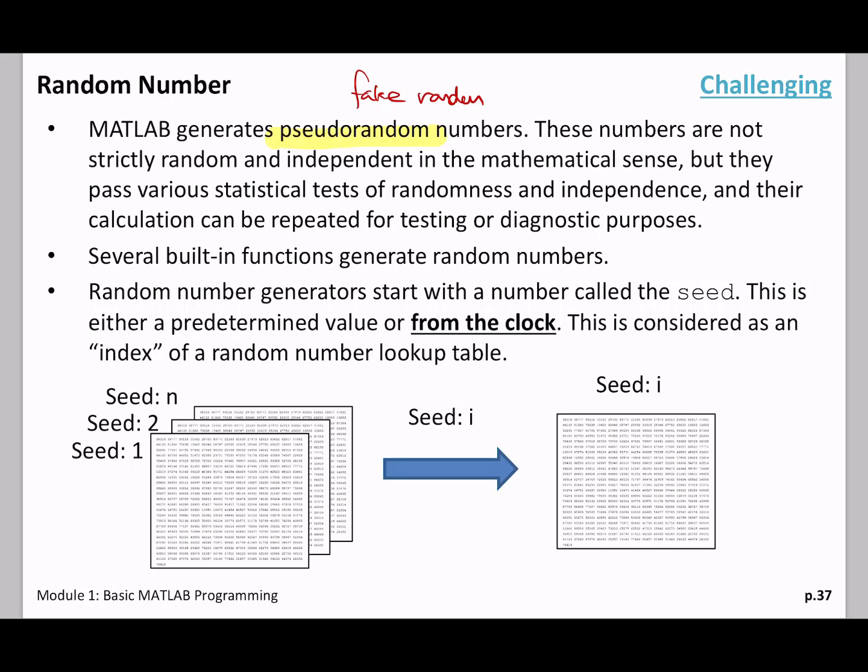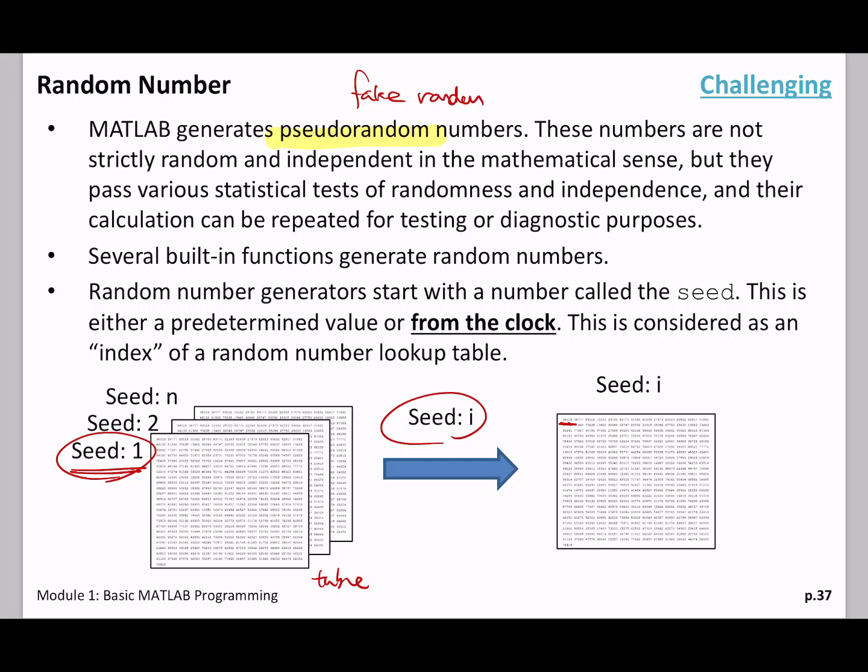There are many random number tables in MATLAB, and each table has a seed number, kind of the index or ID. Whenever you generate a random number, a seed is assigned, and then it reads the value from your random table.